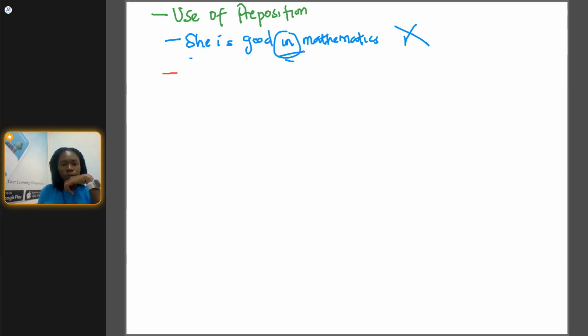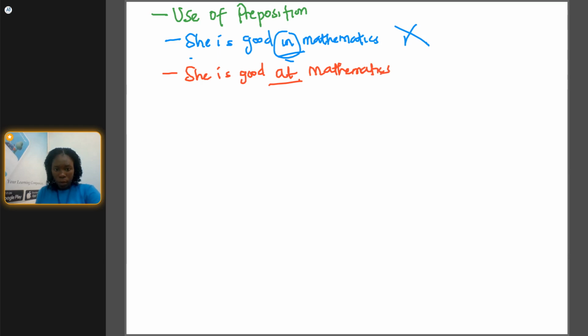She is good at mathematics. All right. So that makes it right because you have used the correct preposition. When you talk about the correct preposition after the word good, especially when you're talking about a skill, the preposition that should follow is "at."